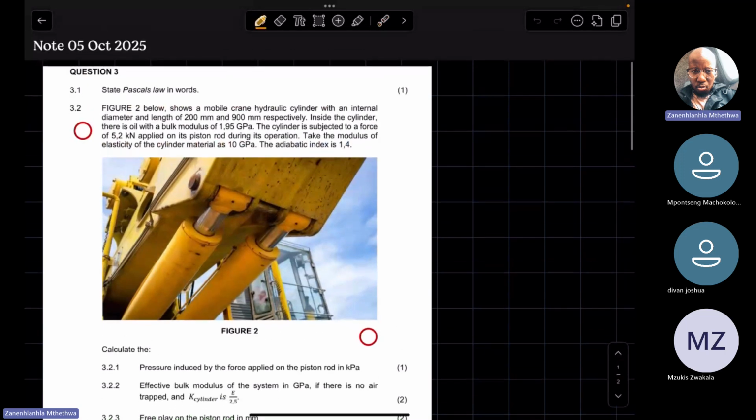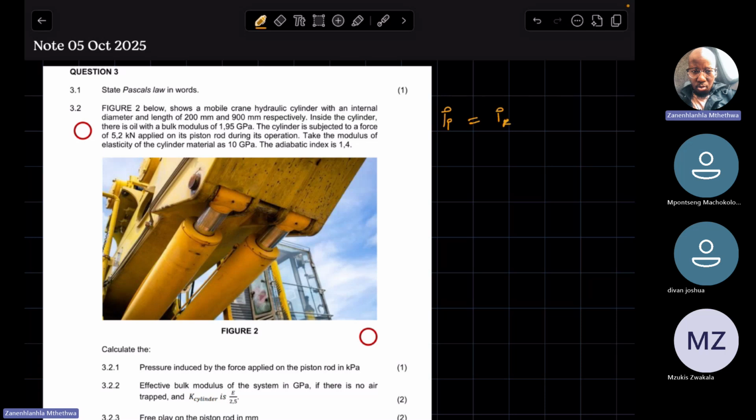And then mathematically, this is how you express it. If you're looking at a hydraulic jack, for instance, a hydraulic jack has two pistons. One you can refer to as the plunger piston, the other as the ram piston. You would say the pressure exerted by the plunger piston is equal to the pressure exerted by the ram piston.